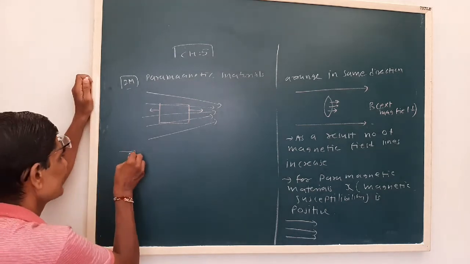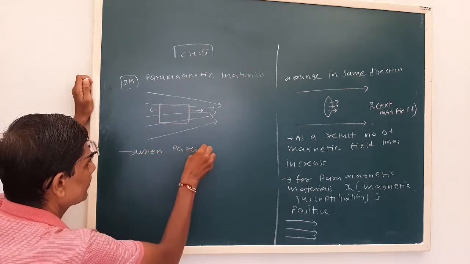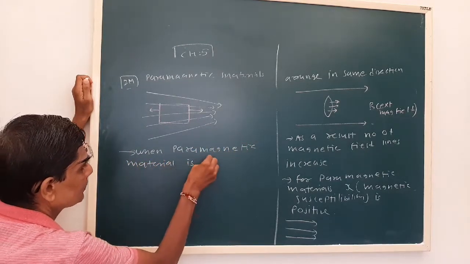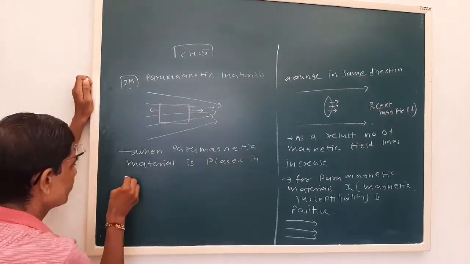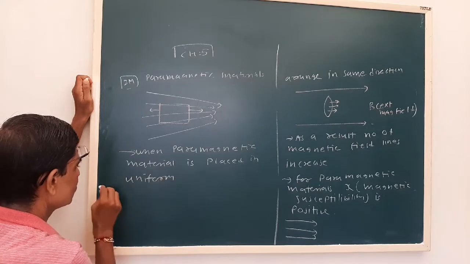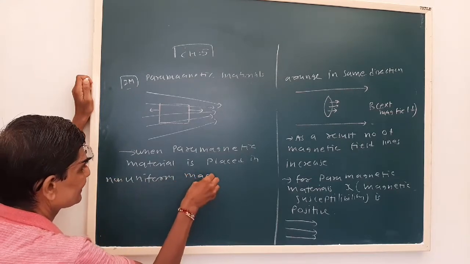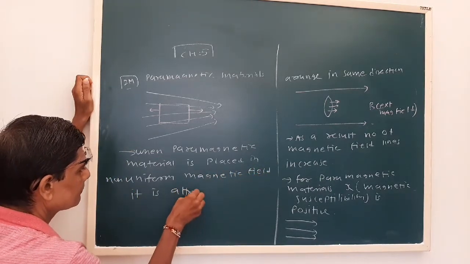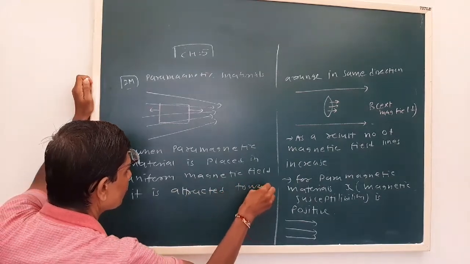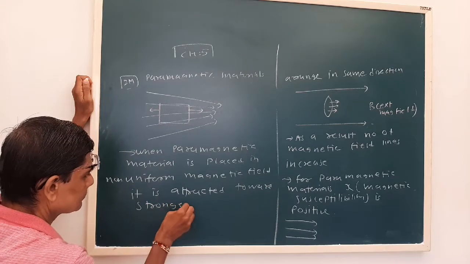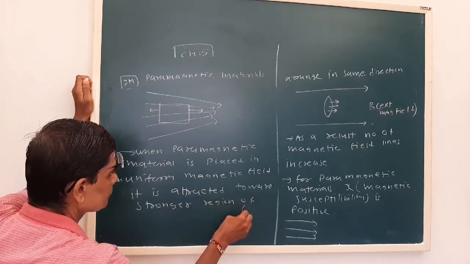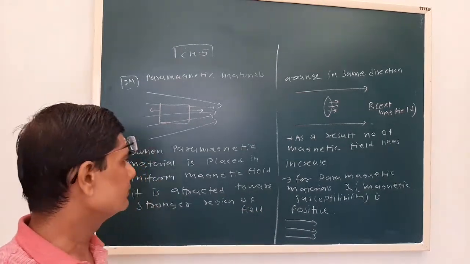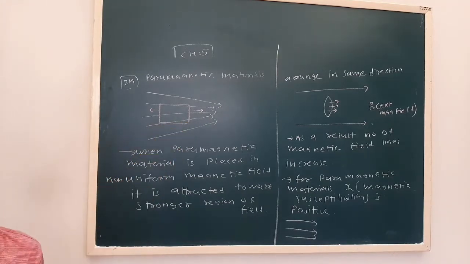So we can write: when paramagnetic material is placed in a non-uniform magnetic field, it will be attracted toward the stronger region of the field.